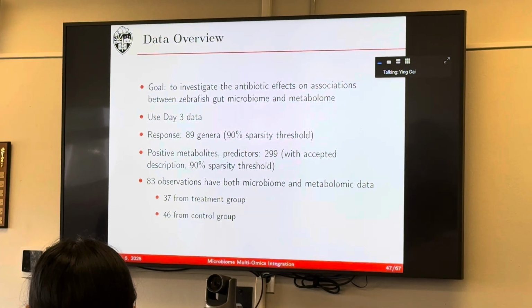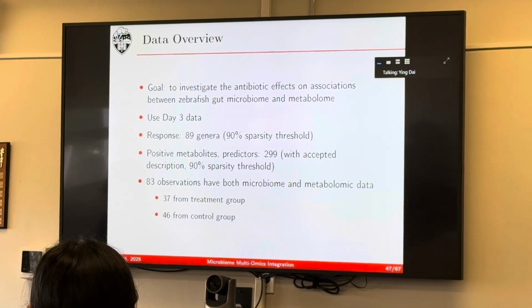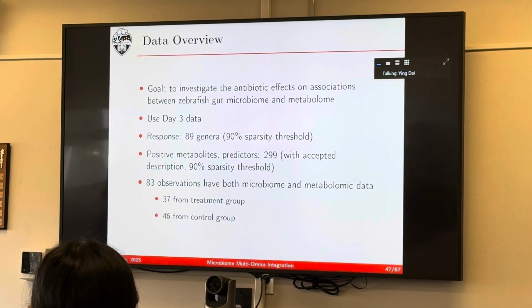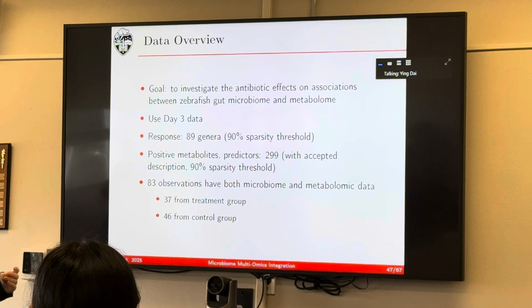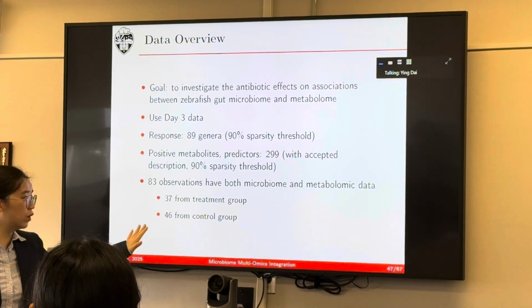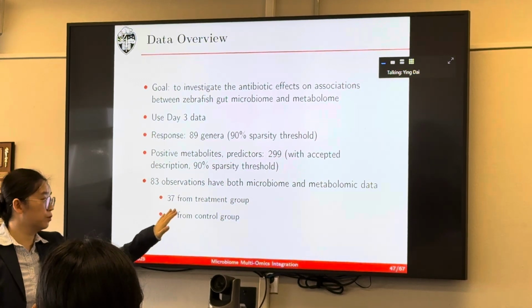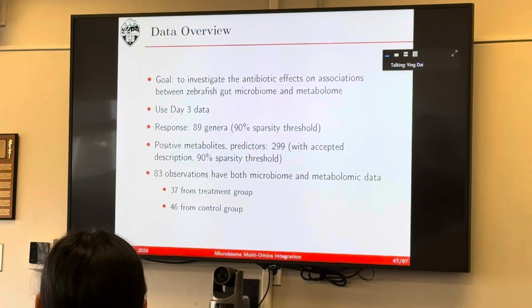There are in total 83 observations that have microbiome and metabolites, because some fish, I think, die eventually on day 3. 37 of them are in the treatment group, and 46 are in the control group. For the treatment group, I mean the antibiotics-introduced group.